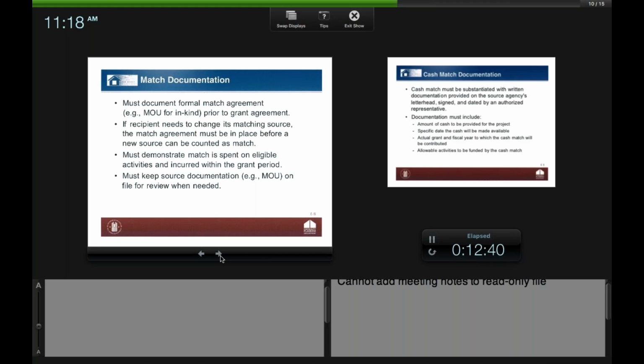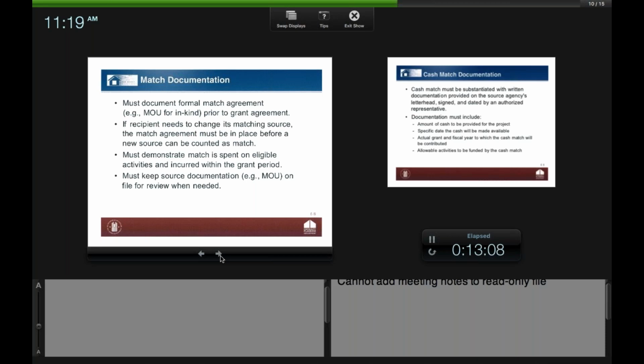And so as you are completing your application, you can upload your match documentation in addition to indicating your match commitment in eSNAPS, and it will facilitate easier processing for grant execution once the awards are available. So documentation of the formal match must be evidenced prior to the grant agreement being executed.